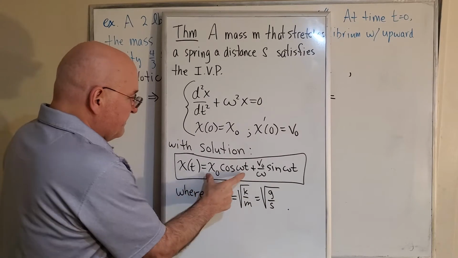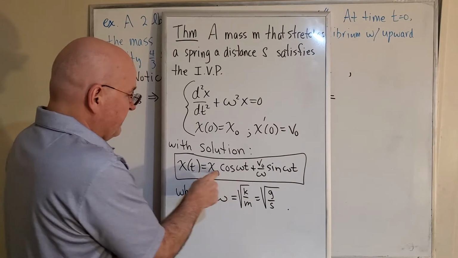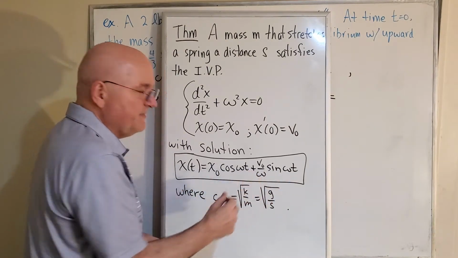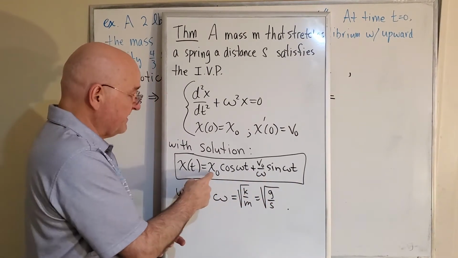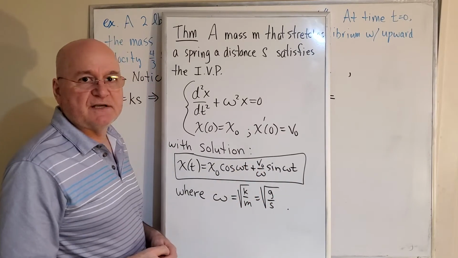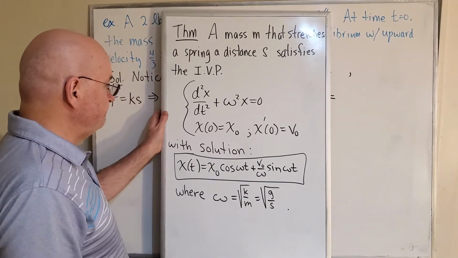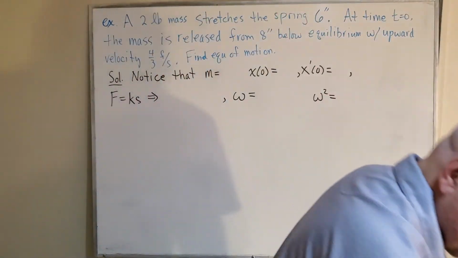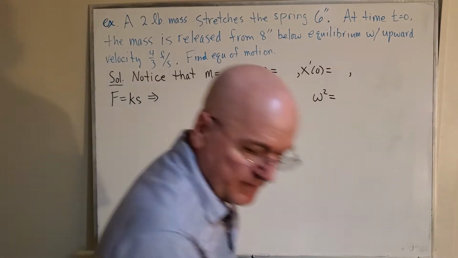The first term, the cosine term, is dependent upon the initial position, and the second term is dependent upon the initial velocity. So in this example, we won't have to solve for C1 and C2, we'll just use that theorem.